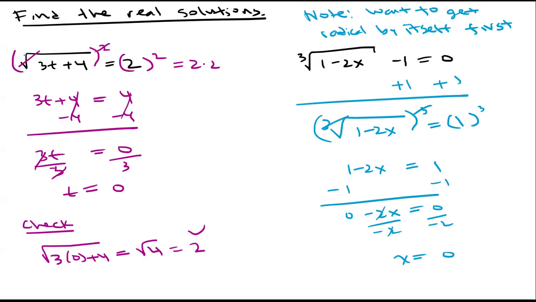So let's backtrack a little bit here. Why does the radical and the square cancel? So I'm asking this question. Say we have x squared, and if I take the radical of it, why does that just equal x?